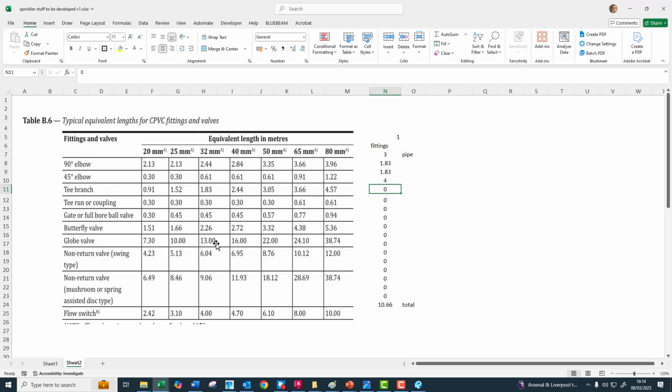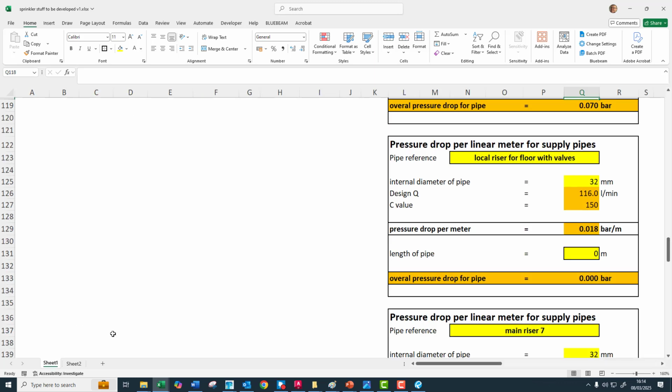I can explain that some of the time, but it's more likely to be a globe valve, but never know. So there's 13 to go into that, and then we had a gauge, and I don't think I've got anything for a gauge. I'll just stick one on for the gauge because theoretically it shouldn't provide too much resistance, and we'll round that up to 25 meters.